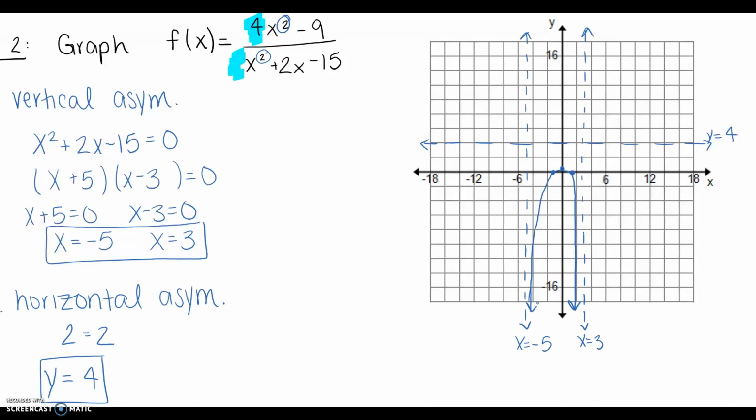But we don't really know what's going to be on this side or this side. So to figure that out, we need to make a table. Remember, this is step 4 and 5.